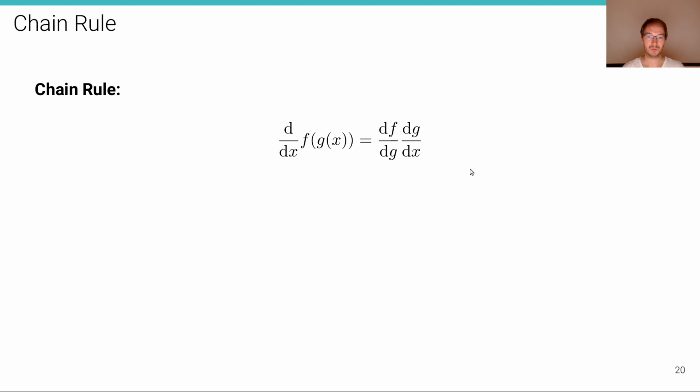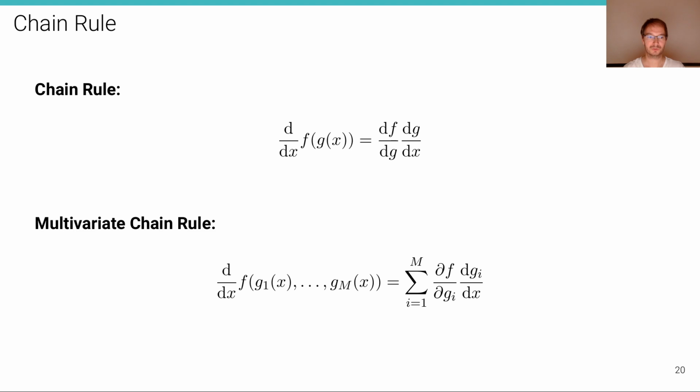Now, what we're also going to need in this lesson here is the so-called multivariate chain rule. And the multivariate chain rule is concerned with compositions of functions where in the argument of a function we have a set of functions, and each of these functions depends on the same variable x. Right? So that's the difference between these two. Here we just have f of g, and here we have f of g1 to gm.